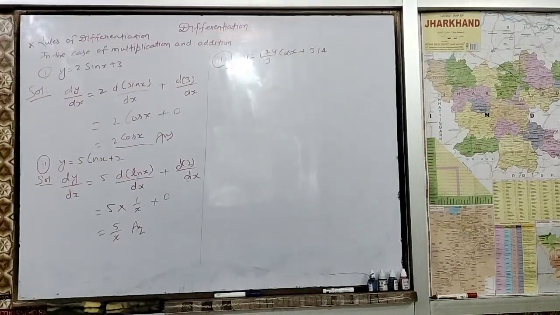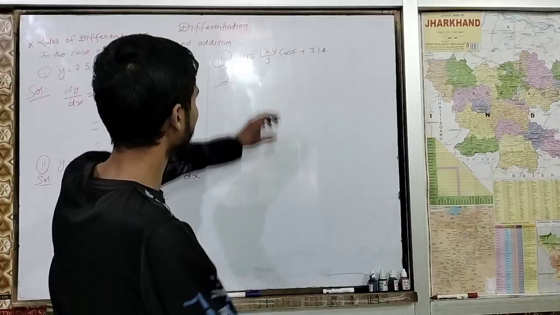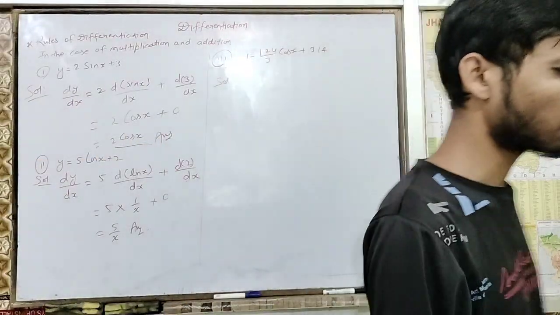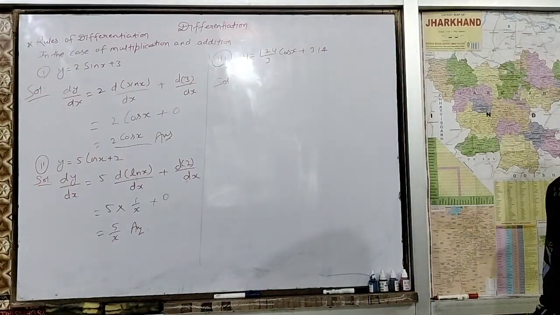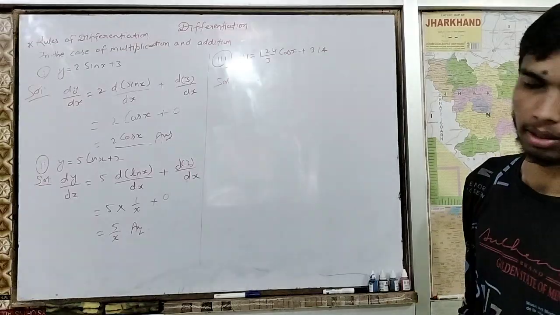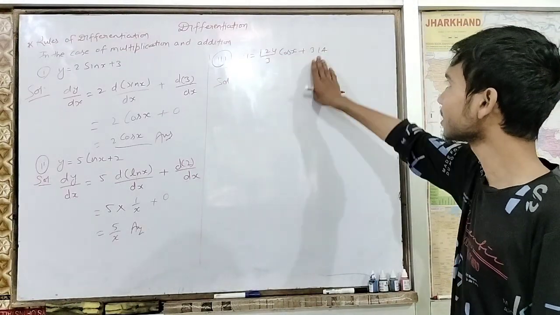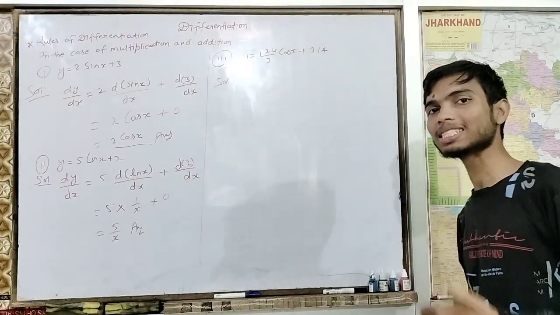It is looking difficult, but in reality it's not difficult. Look over here. This number is in multiplication, and you know that whatever number is in multiplication will be written as it is. But this number is with addition, so this will be differentiated.